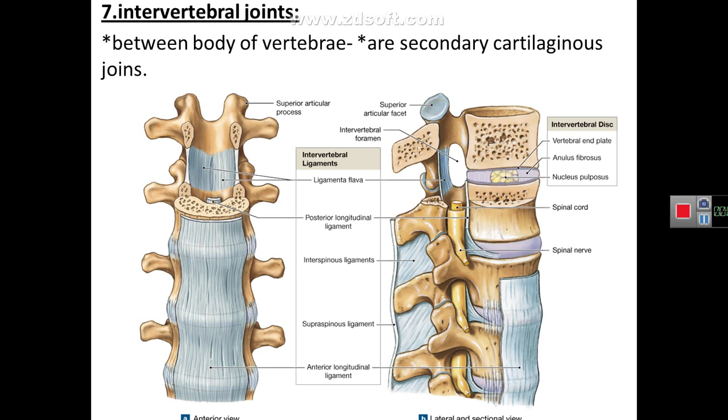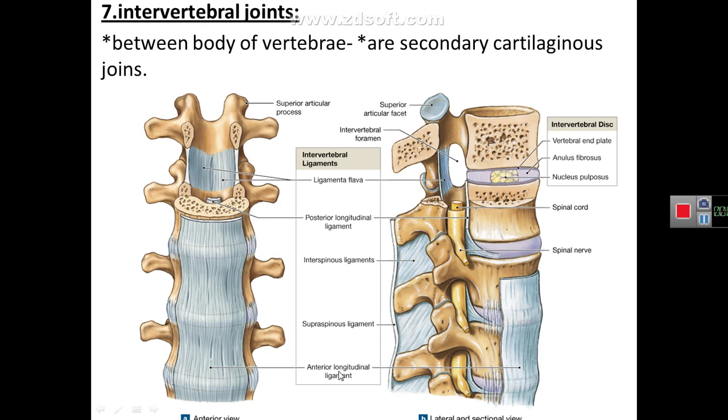The intervertebral joint is similar to any other intervertebral joint in the neck, in between cervical vertebrae, or in the lumbar region, and it is supported posteriorly by the ligamentum flava that extend between the laminae of the vertebrae, and also supported posteriorly by the posterior longitudinal ligament and by the interspinous ligament and supraspinous ligament, while this joint is supported anteriorly by the anterior longitudinal ligament.